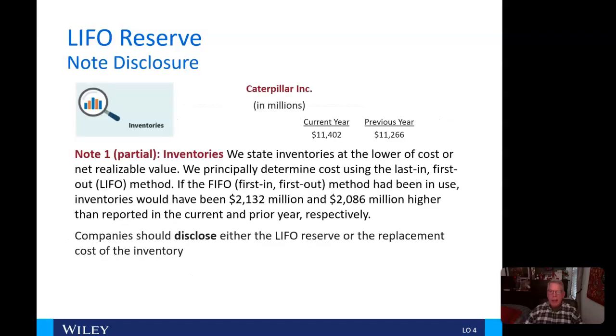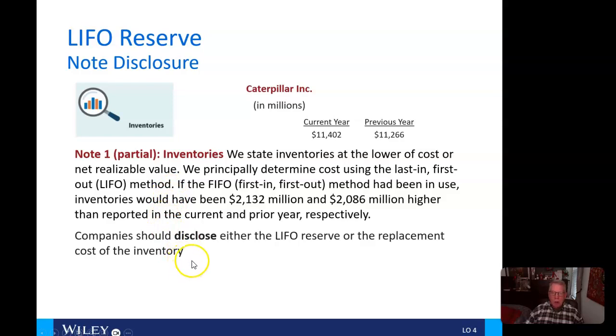Okay, so if I look at Caterpillar here, this is their note on inventory, stating they're going to state the inventories at the lower of cost or net realizable value. We know that. We principally determine cost using LIFO.